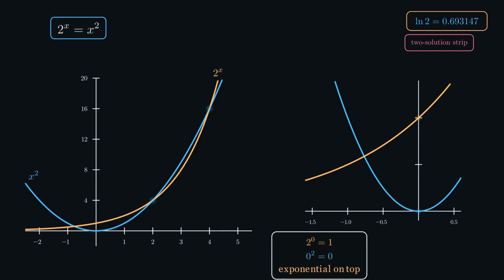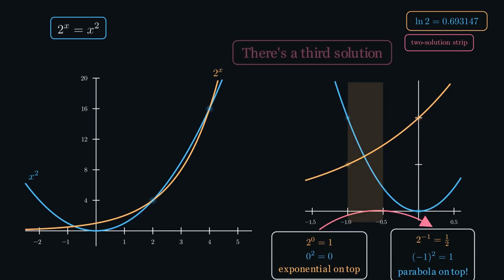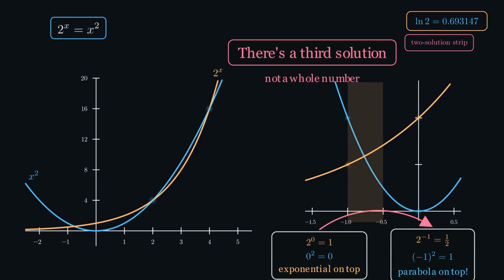Exponential on top. At x equals negative 1, exponential is 1/2, parabola is 1. Parabola on top. They swapped. Somewhere between negative 1 and 0, the curves cross. There's a third solution. Hiding on the negative side, and it is definitely not a whole number.